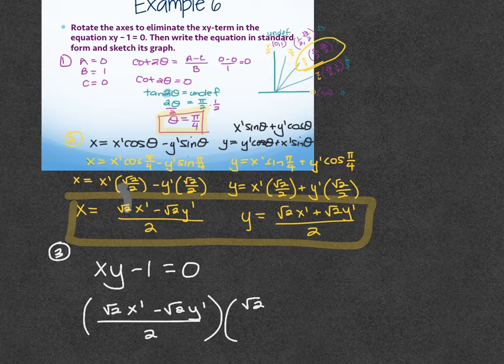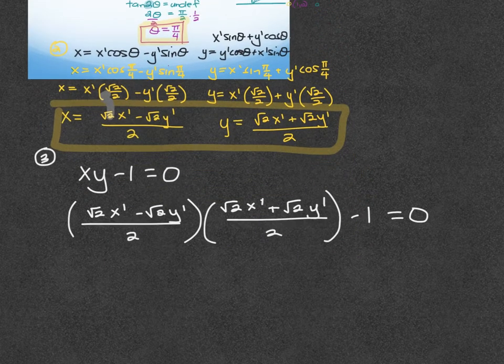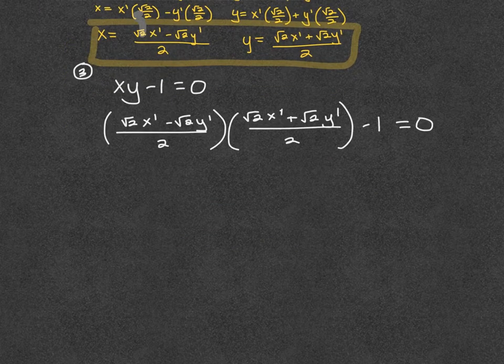The y is root 2 times x prime plus root 2 times y prime over 2. Minus 1 equals 0. Now I got to multiply that out.